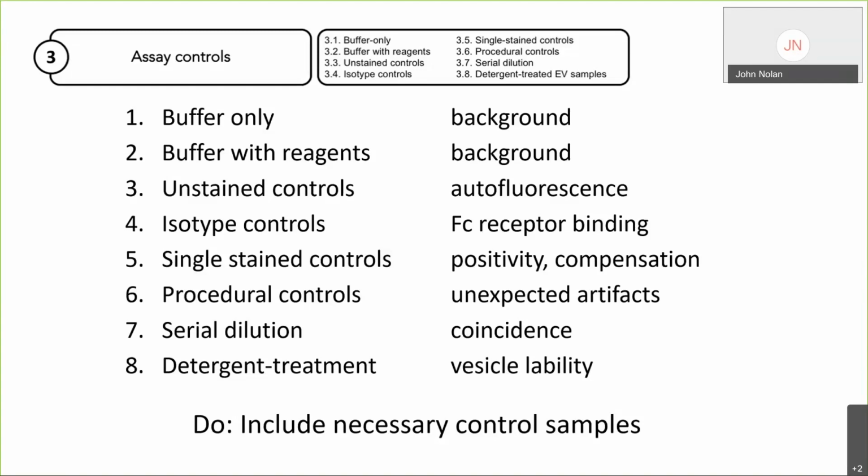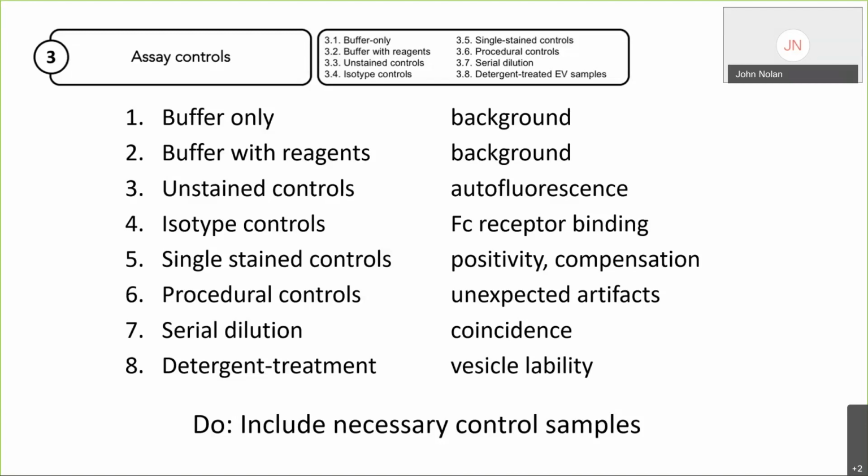The isotype control is a necessary control to evaluate whether you have this FC receptor type binding. If you're doing a multicolor experiment, it's important to have single stain controls, both to assess spillover of fluorescence from one channel to another, but also to decide where to set a threshold for determining whether something is quote unquote positive.